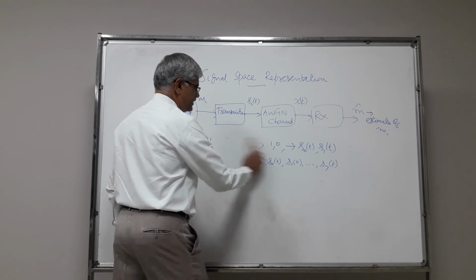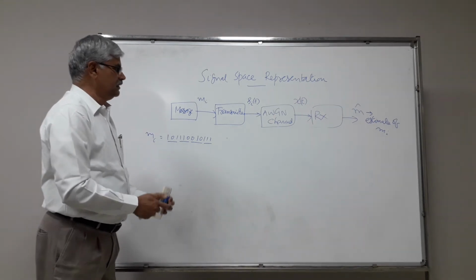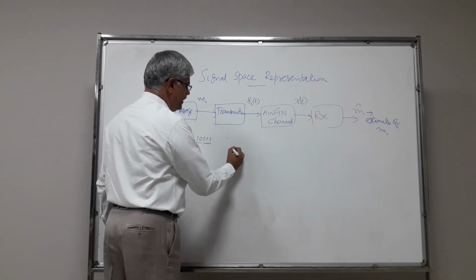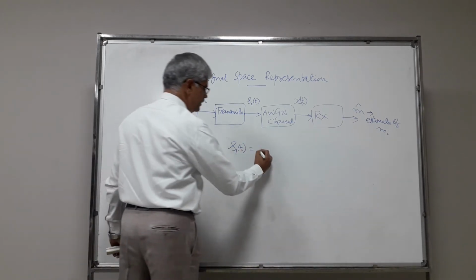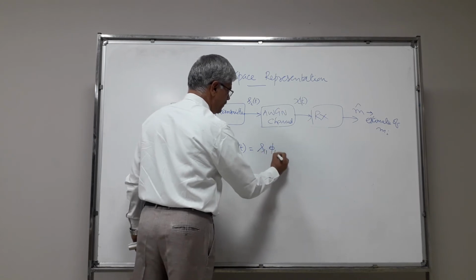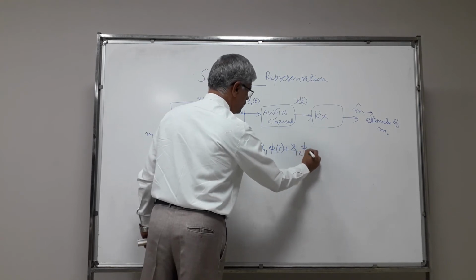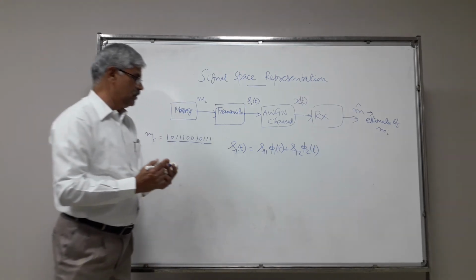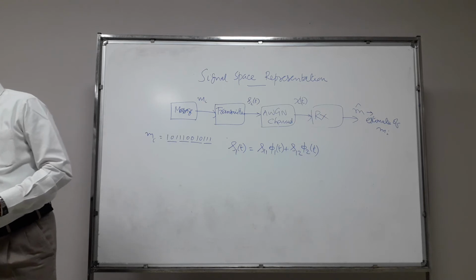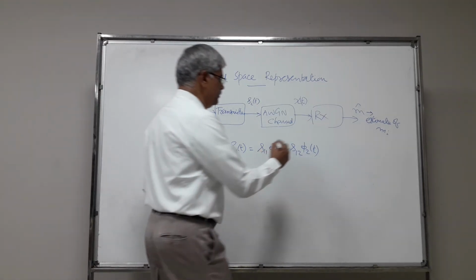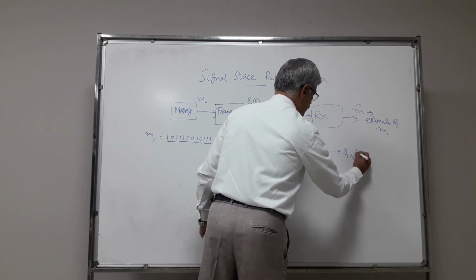So let us now first understand that we can represent, say, some S1 of t. This is one waveform. This is S11 phi1 of t plus S12 phi2 of t plus S1n phi n of t.